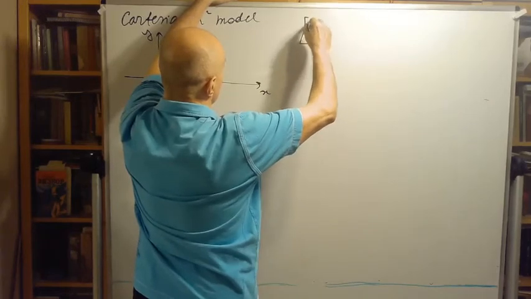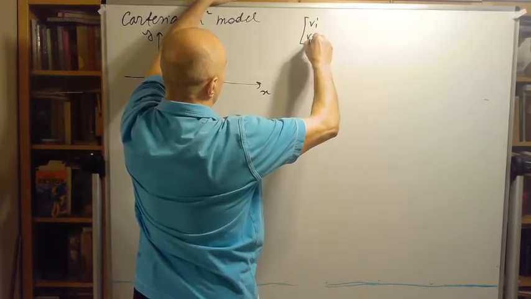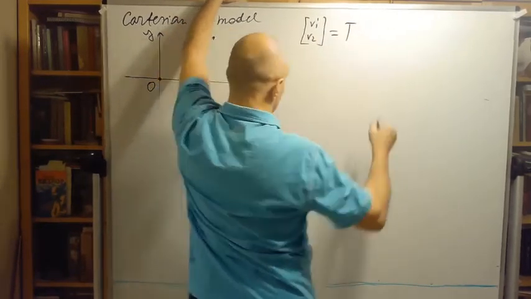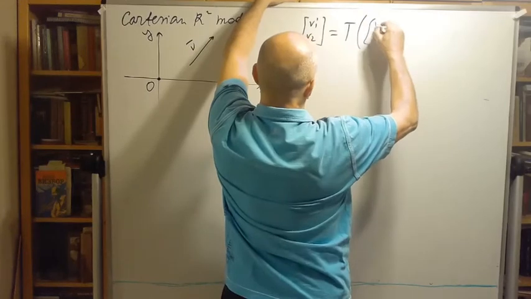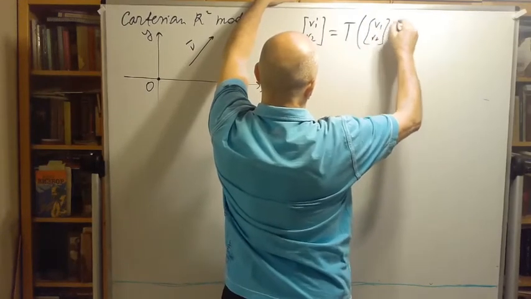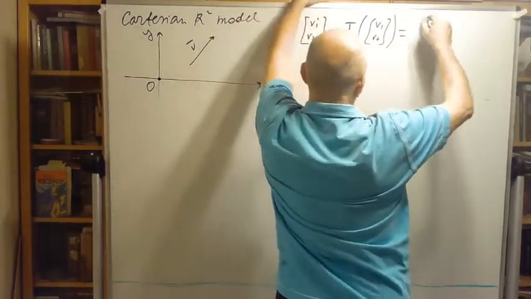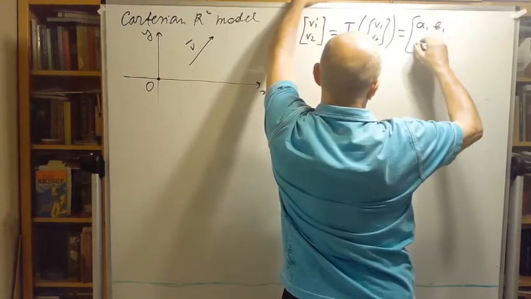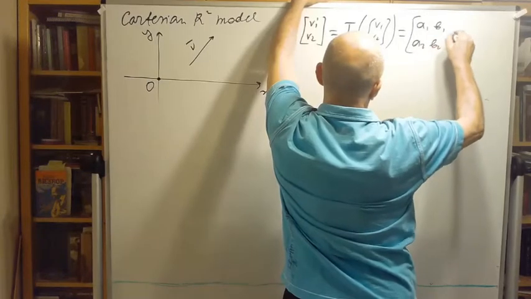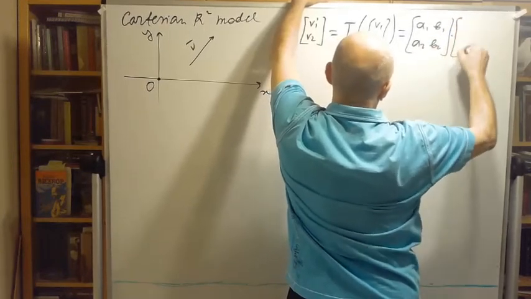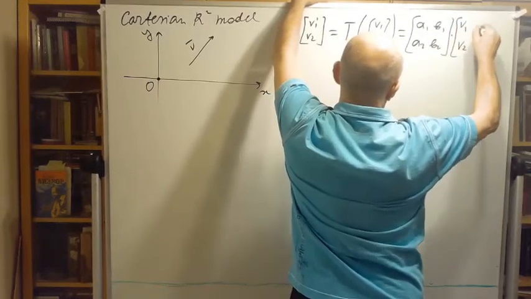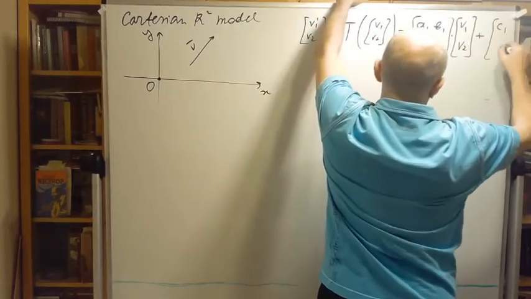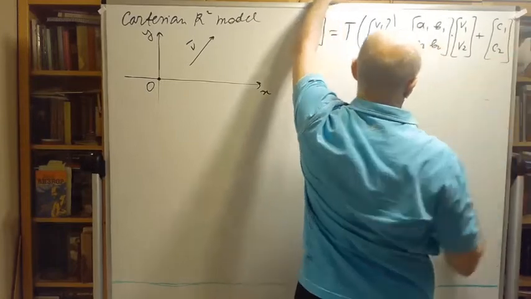We get new coordinates v1 prime, v2 prime equals the Euclidean transformation of v1, v2, and it will be a certain matrix a1, b1, a2, b2 multiplied by v1, v2 plus a translation c1, c2.